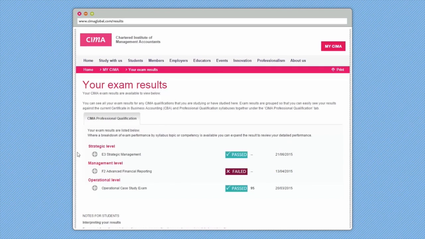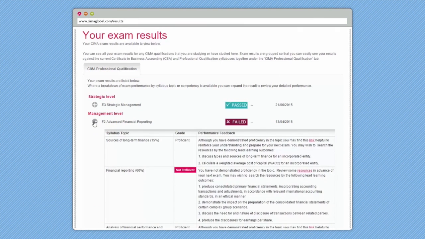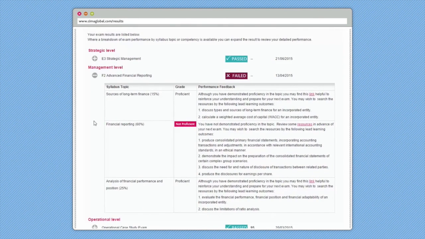So, why have any feedback at all? Suppose, for example, an F2 report told me I was not proficient in financial reporting. I know that that represents 60% of the syllabus and so deserves more immediate attention than, say, long-term sources of finance, which has a 15% weighting.